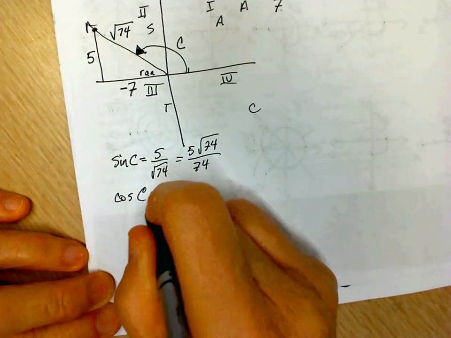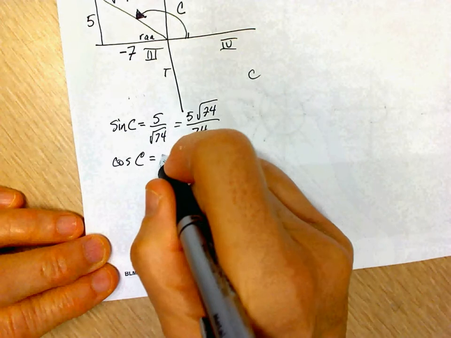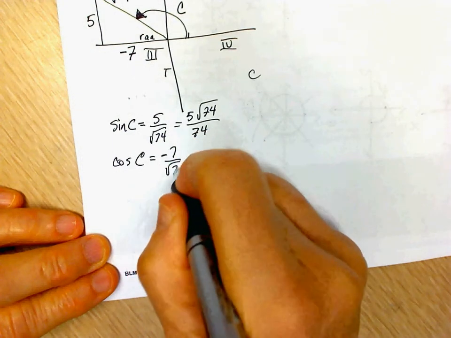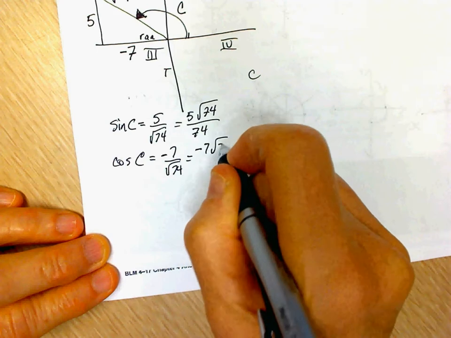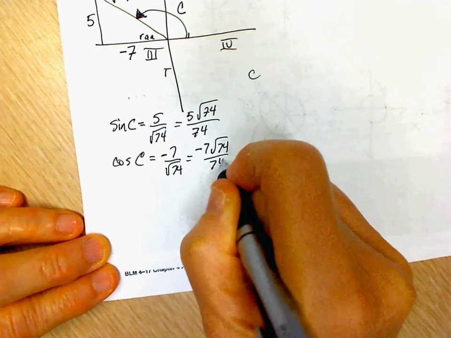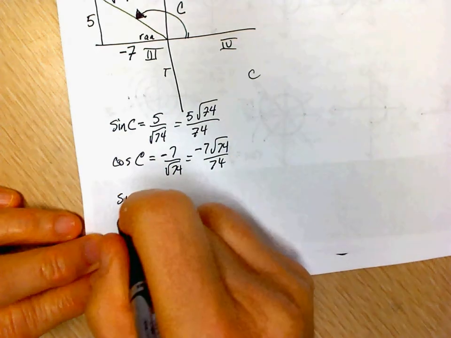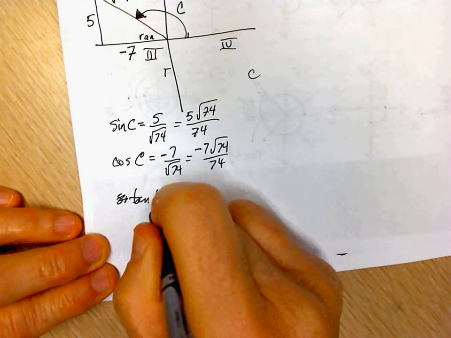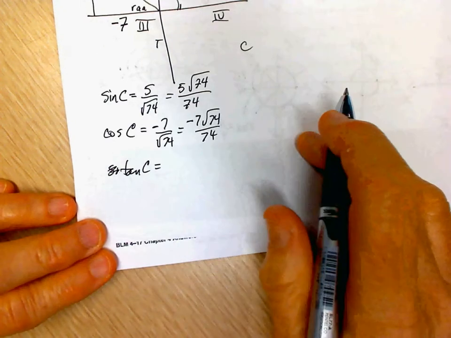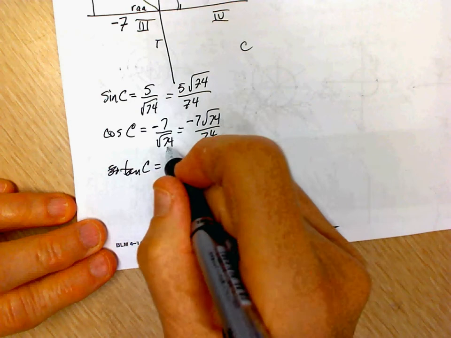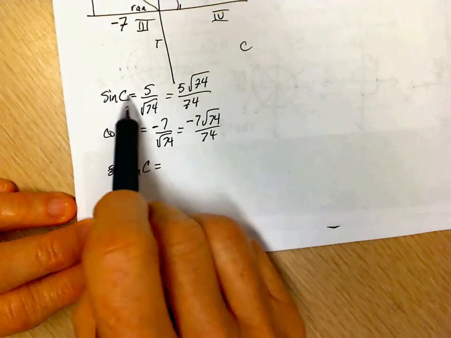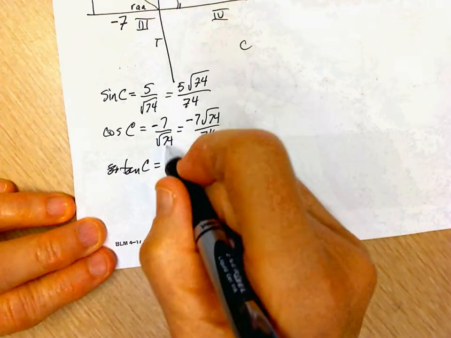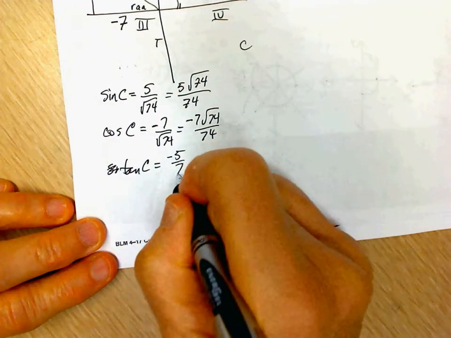Cos C is equal to minus 7 over root 74. That's negative 7 root 74 over 74. Tan of C is 5 over 7. Notice, the CAST rule tells us sine is positive, everything else is negative. This is negative 5 over 7.